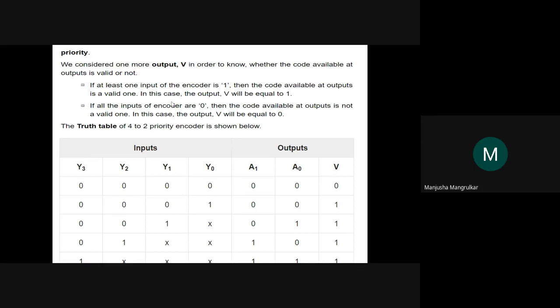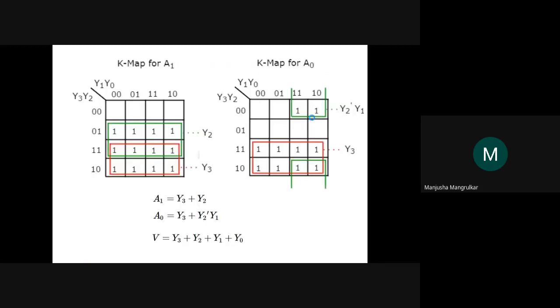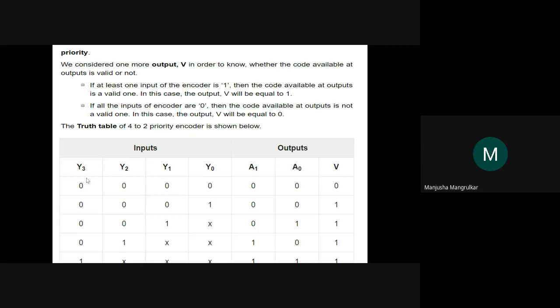If all the inputs of the encoder are 0, then the code available at the output is not valid. In this case, output V is 0, right? Now we'll see these four inputs: 0, 0, 0, 0. This is 0, so output is 0. Now here is 1, here is 1, here is 1, here is 1.